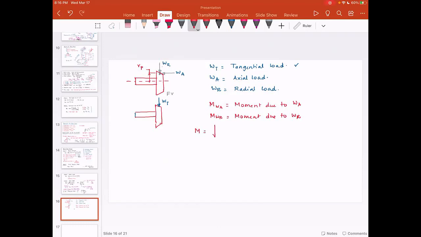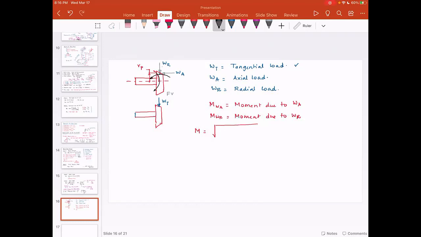This resultant moment is the vector sum of these different moments. It is important to observe that the moment given by WR is in this direction, the moment given by WA is in this direction, and the moment given by WT is perpendicular to the other moment.